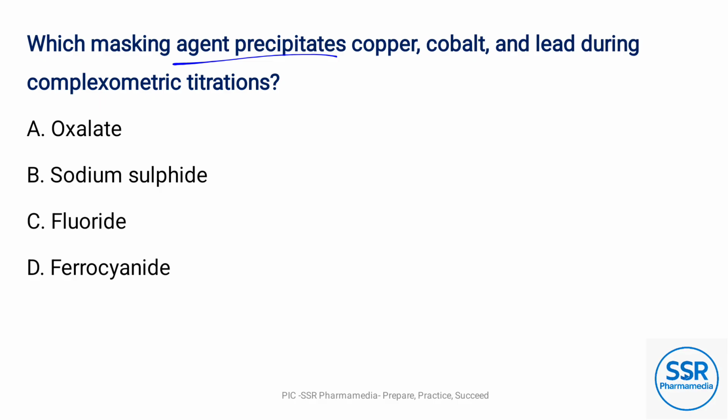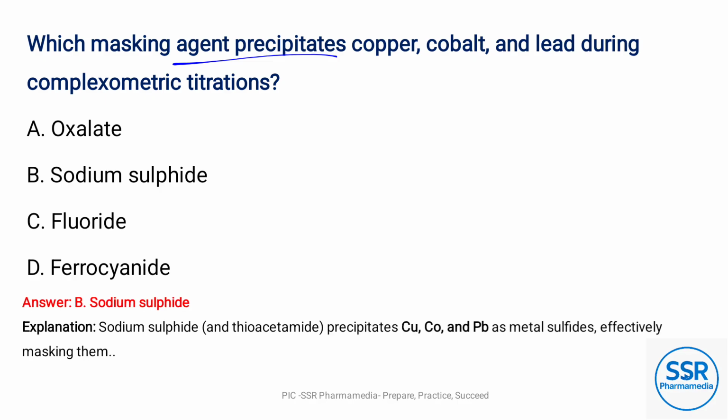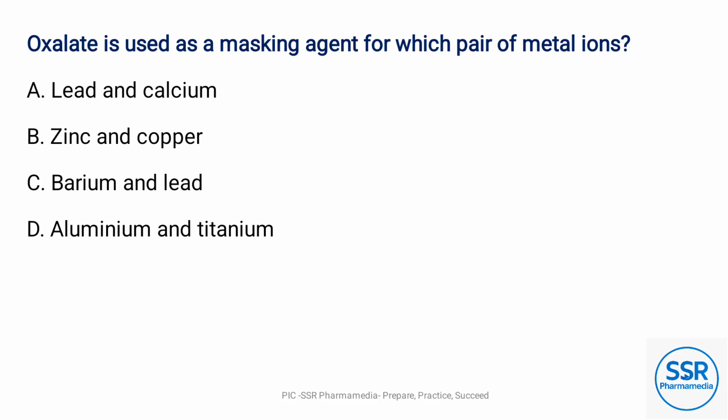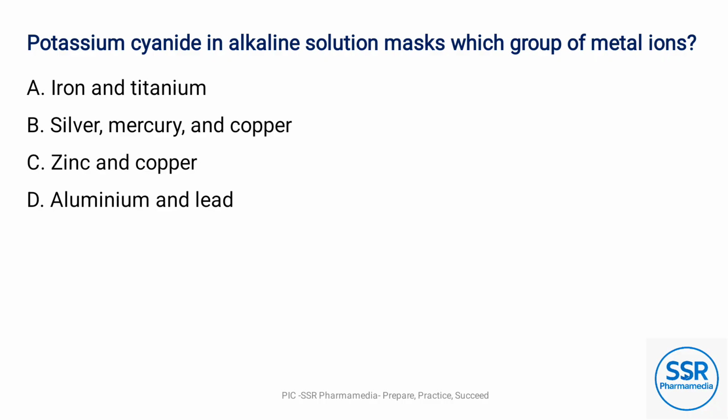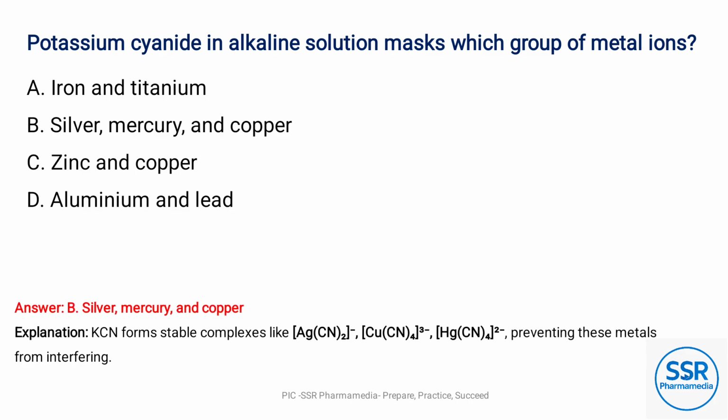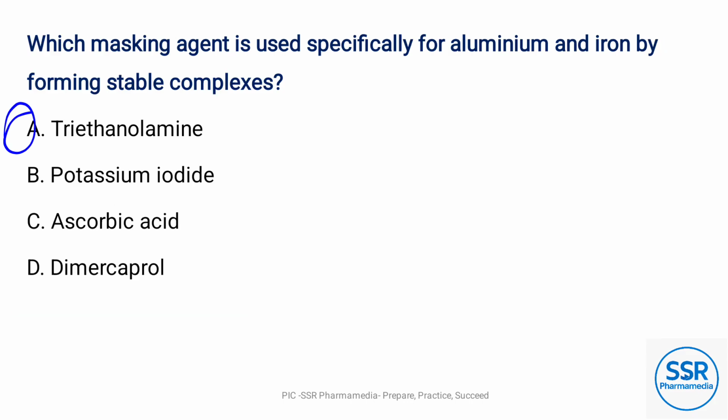Which masking agent precipitates copper, cobalt and lead during complexometric titration? So option B, sodium sulfide. Oxalate is used as a masking agent for which pair of metal ions? So option A, lead and calcium. Potassium cyanide in alkaline solution masks which group of metal ions? So option B, silver, mercury and copper.